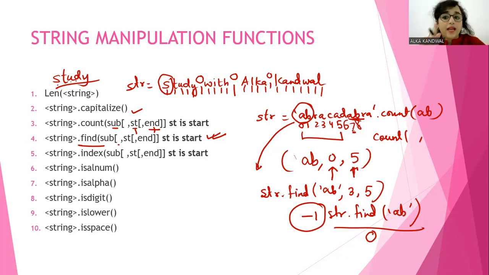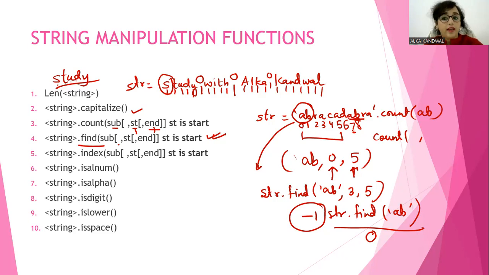Now, sometimes in the exam, they ask that what is the difference between the find function and the index function. अब दोनों की functionality same है कि it returns the lowest index from which a particular string is starting. But in case of index, what happens?